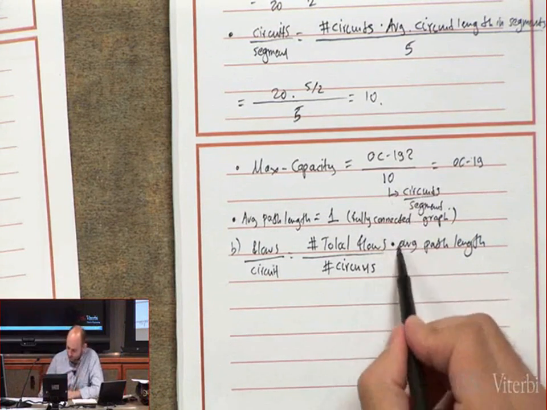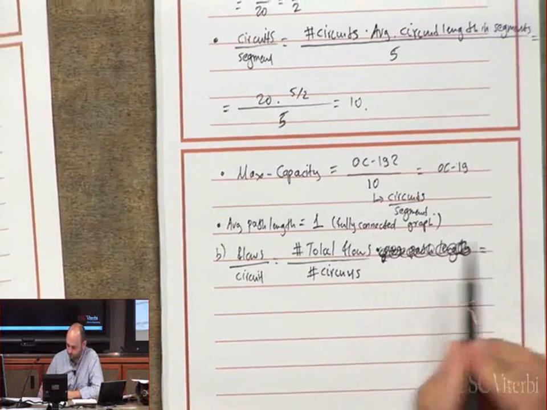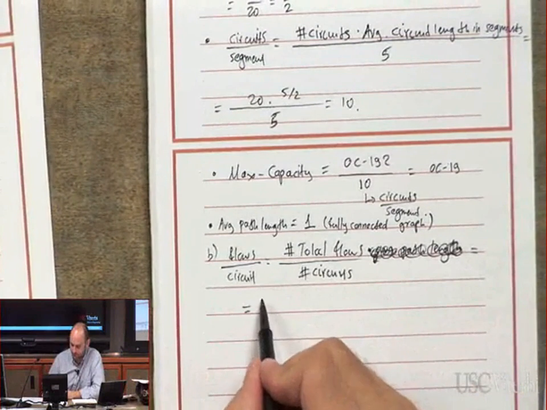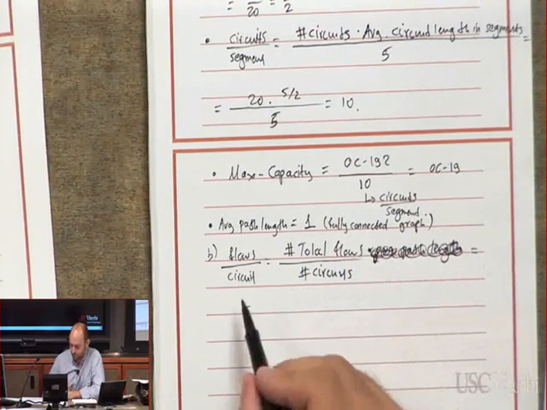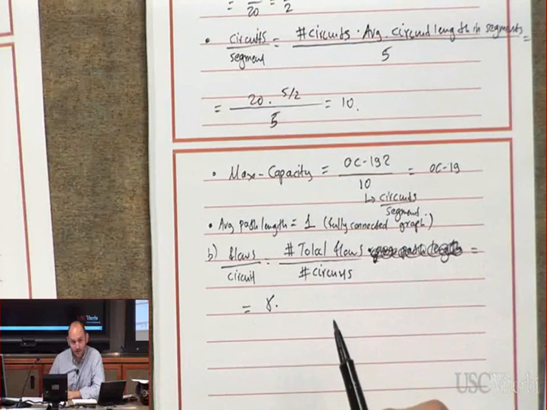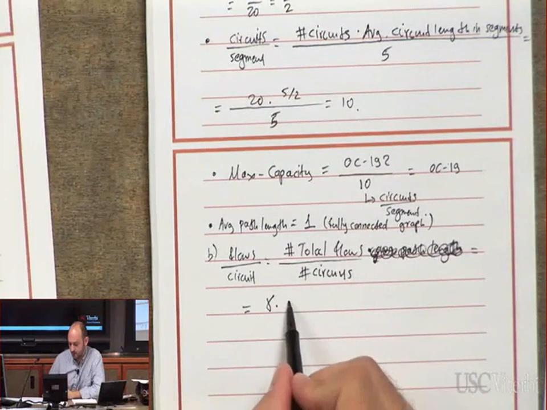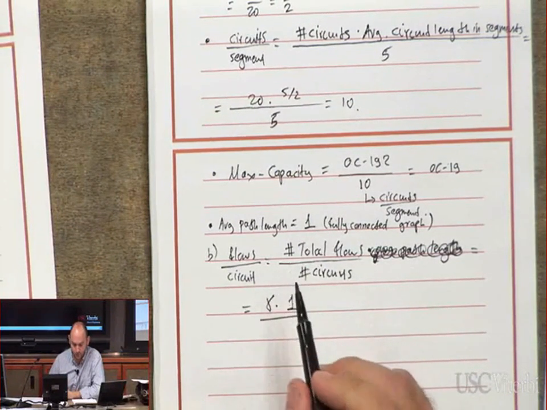Excuse me guys, I messed it up. And this is equal to the external arrival rate, as we did previously. Okay, just forget this term over here. I just did two substitutions at once. So gamma, which is the external arrival rate, times what? The average path length, which is 1, over the number of circuits, which is 20.